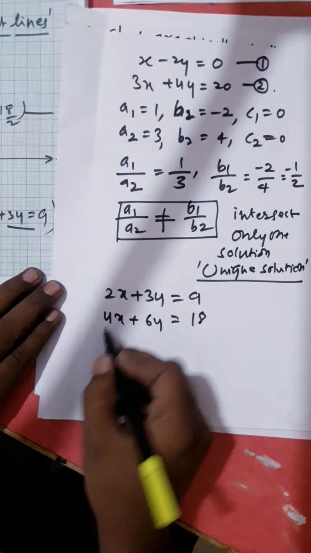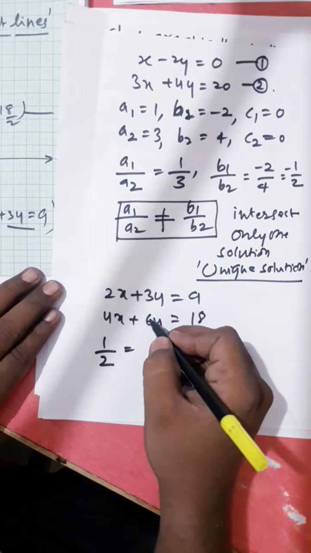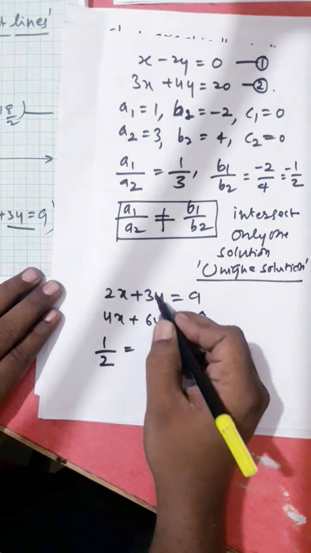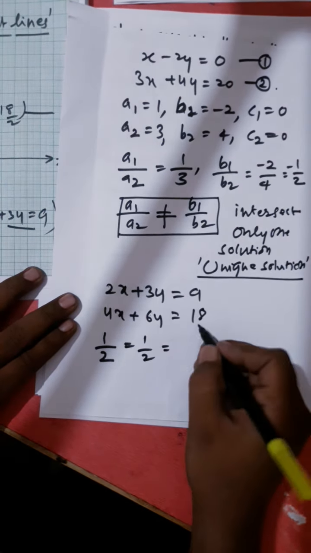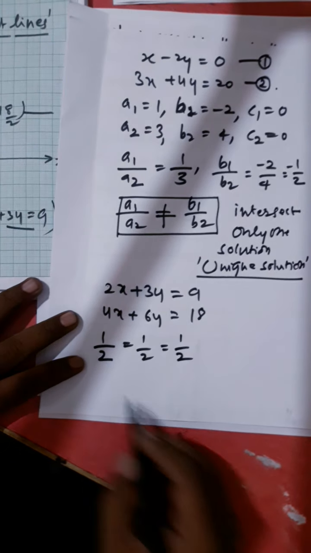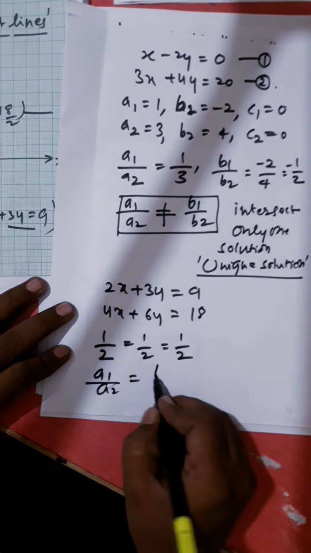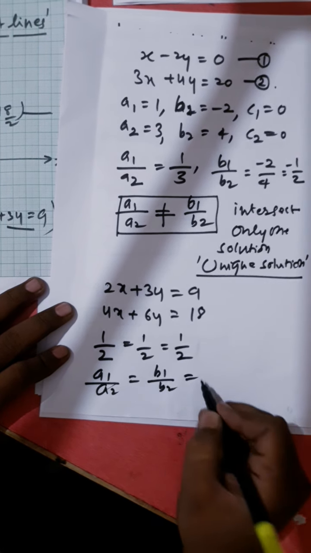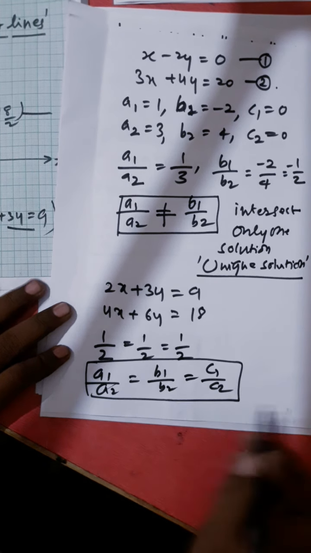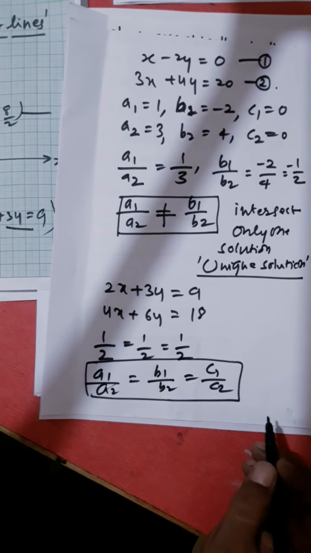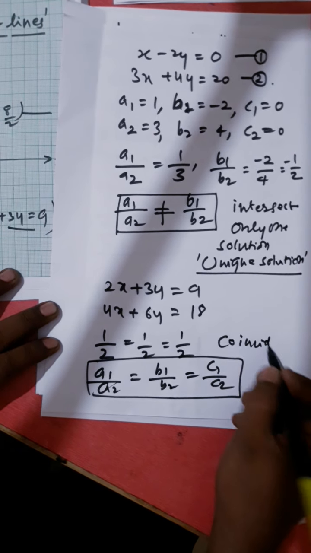It is 1 by 2. b1 by b2, 3 by 6, again 1 by 2. c1 by c2, 9 by 18, again 1 by 2. What does that mean? a1 by a2 is equal to b1 by b2 is equal to c1 by c2. If this condition is satisfied, then we say that these lines are coincident lines.